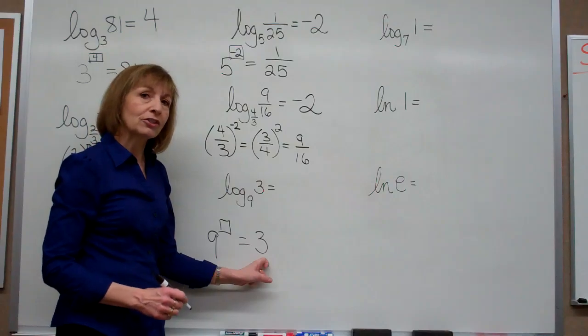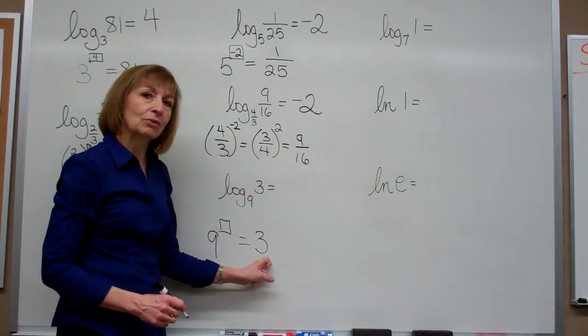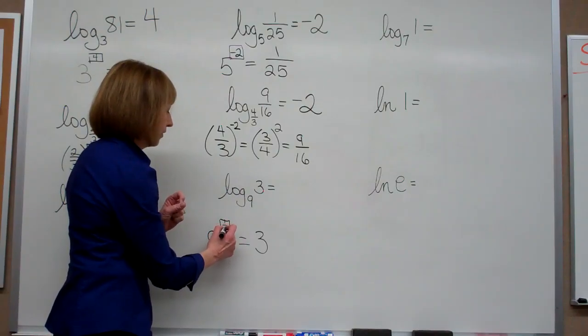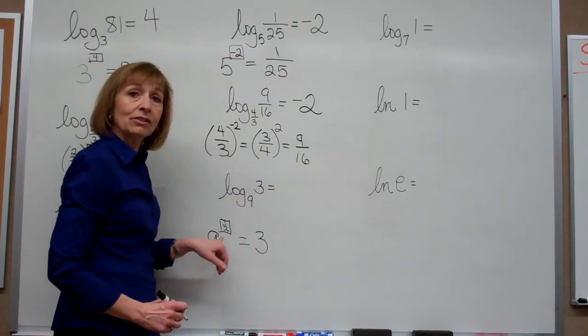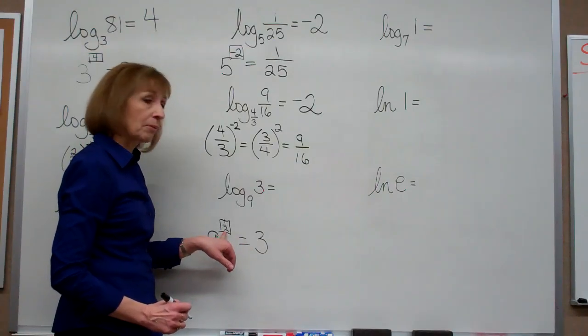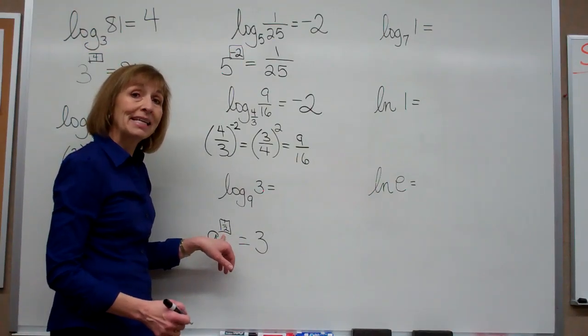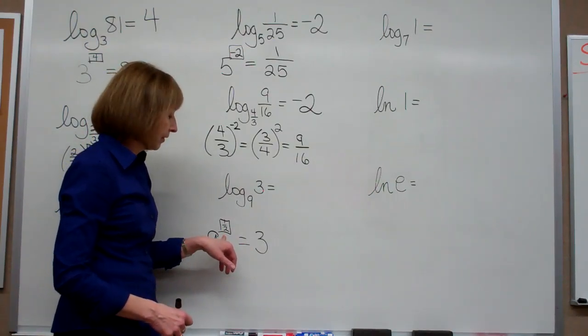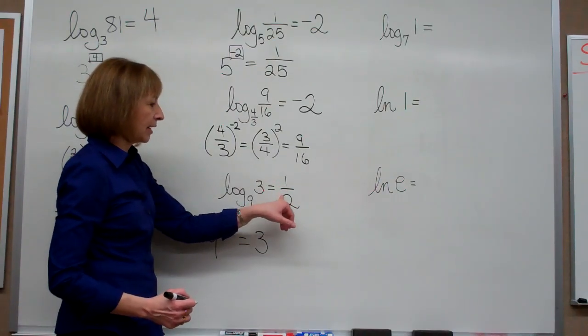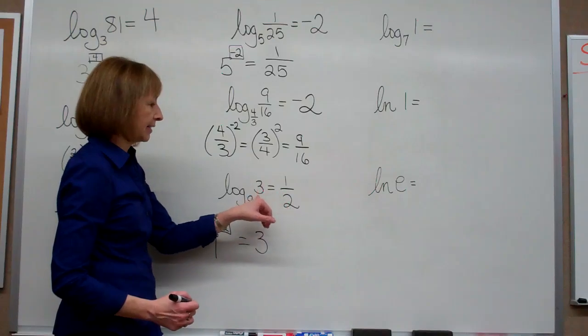And I know the fractional exponent that goes along with the square root is a 1/2 power. So I need 9 to the 1/2 power to give me the value of 3. Because remember, the 1/2 power is the same thing as the square root. So my exponent is 1/2. 9 to the 1/2 power, or the square root of 9, is equal to 3.